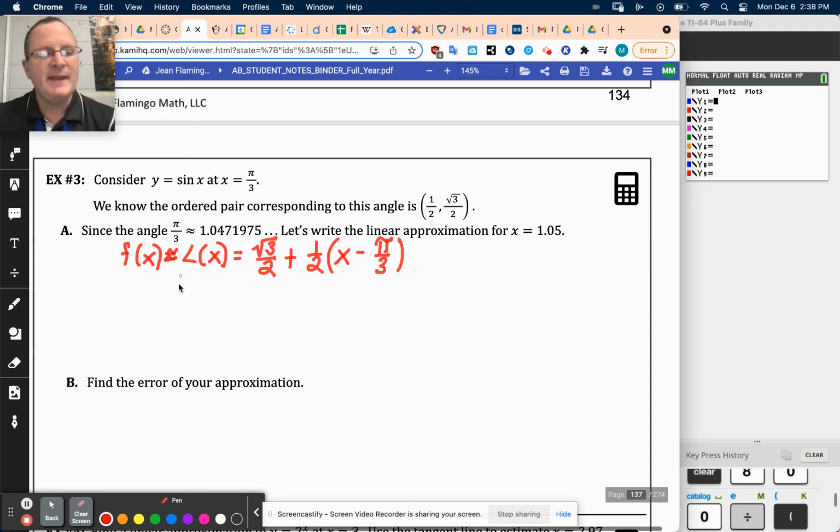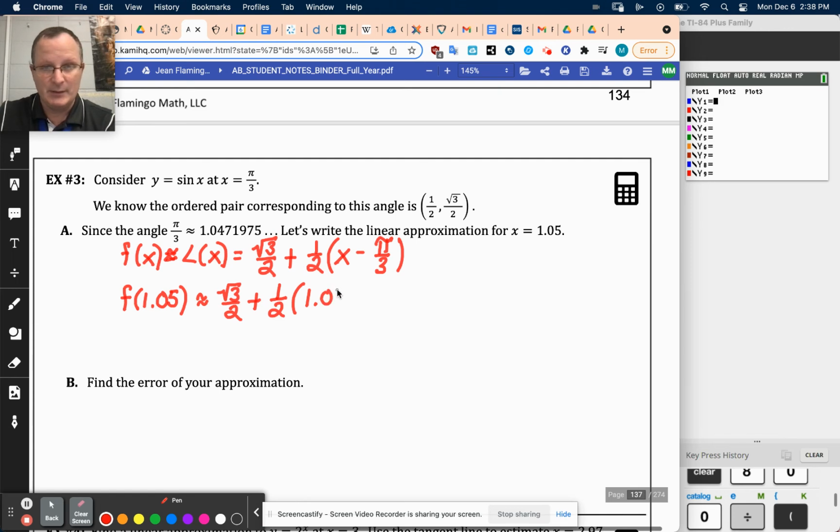Yay. And so that means f of 1.05 is about equal to square root of 3 over 2 plus 1/2 of 1.05 minus pi over 3, which is a tiny amount, because they picked that for that very reason: pi over 3 is that, and 1.05 is just barely over that. But we'll punch this all in the calculator.